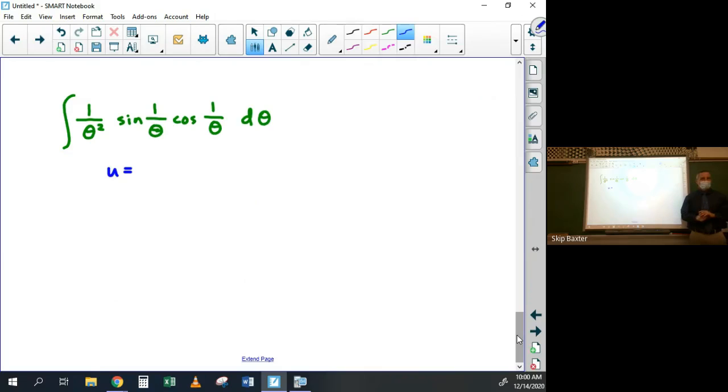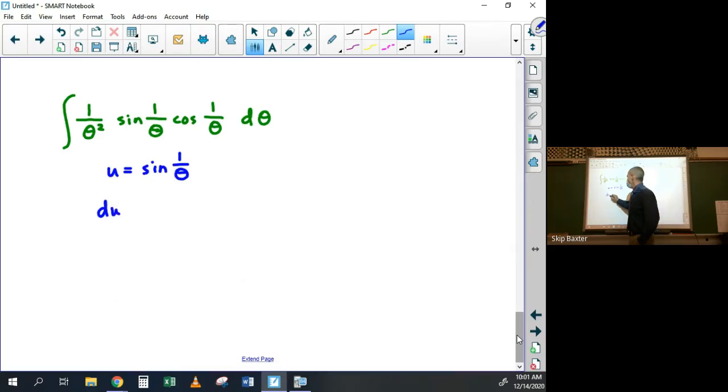Any other guesses? This is a hard one. Sine 1 over theta, right? Because think about it. If it's sine 1 over theta, its derivative is cosine 1 over theta times negative 1 over theta squared. Well, here's a cosine 1 over theta and a 1 over theta squared. That's a constant multiple of u prime. Does that make sense? This is going to be sine 1 over theta.